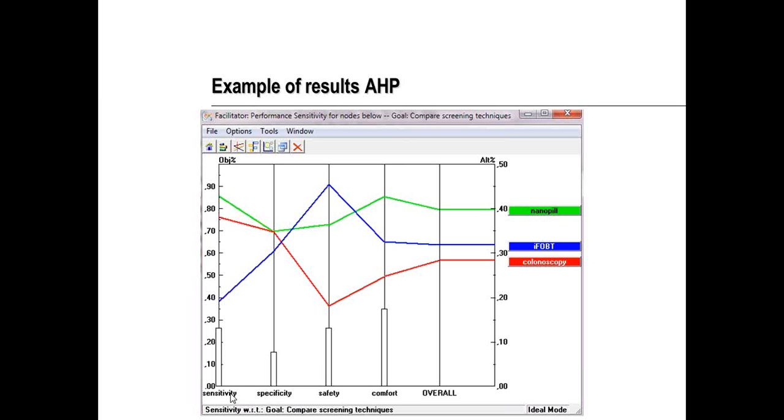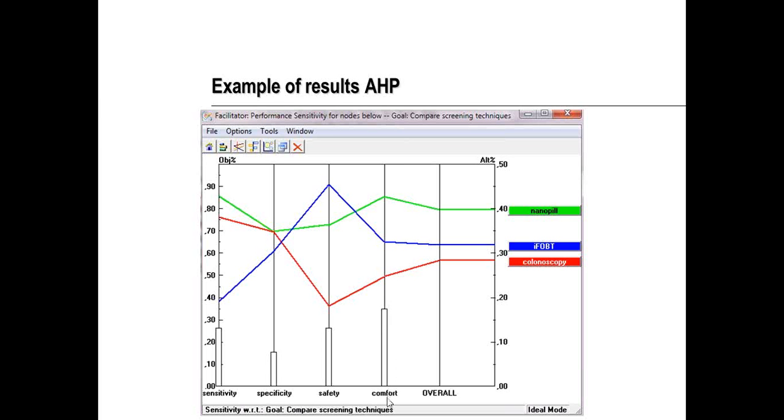Here you can see, in this case, the four main criteria of this decision problem: the sensitivity, specificity, safety, and comfort. And how high these different bars are reflects how important they are.